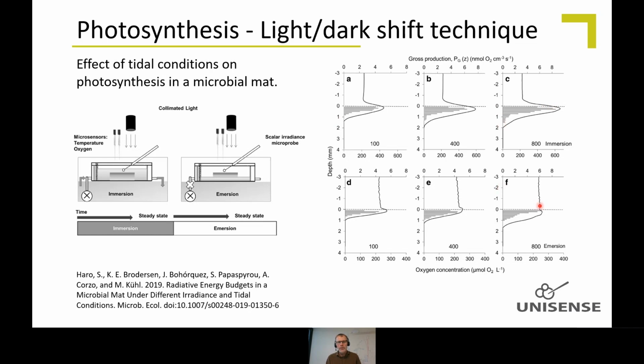When there's no water on top of the sediment, you can see that oxygen production by photosynthesis increases a little bit, but not very much with increasing light intensities, and it also does not penetrate as deep into the sediment. So that is an example of what you can measure with the light-dark shift technique.